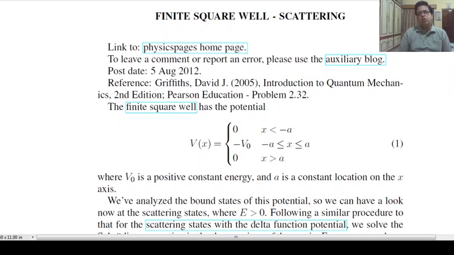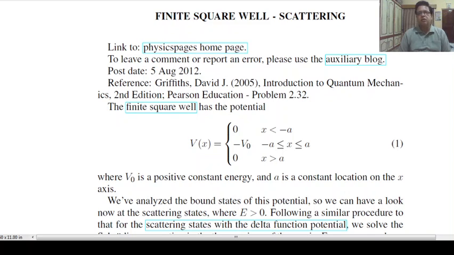Today we are going to discuss the same problem, the finite square well sketch. A very simple and easy explanation is given on the Physics Space homepage.